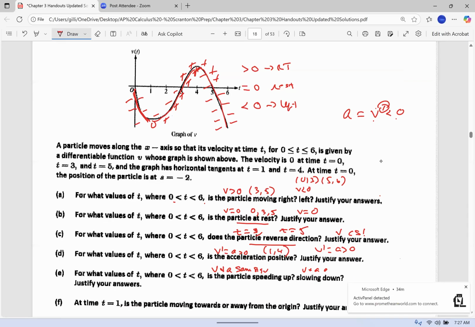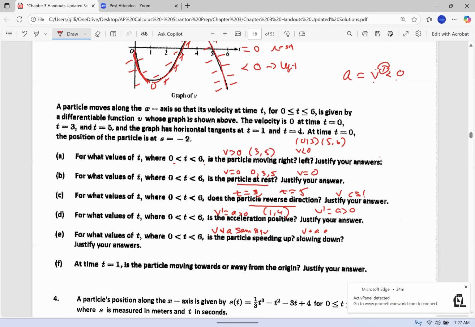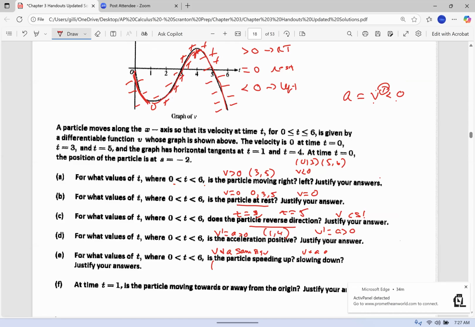So let's compare when they are the same. They're speeding up from 0 to 1 because both of these are the same. And it looks like also from 3 to 4, as well as from 5 to 6. So that's when the particle is speeding up, because velocity and acceleration have the same sign.